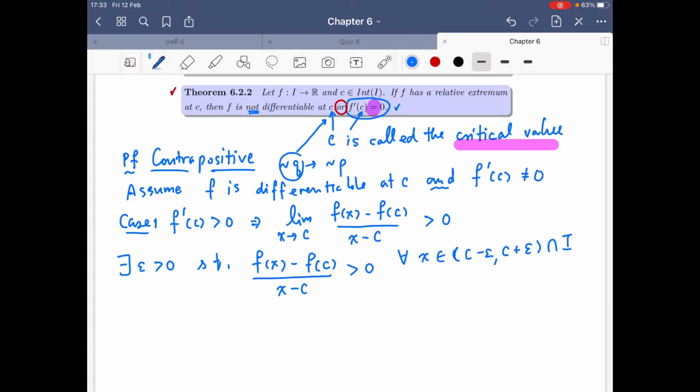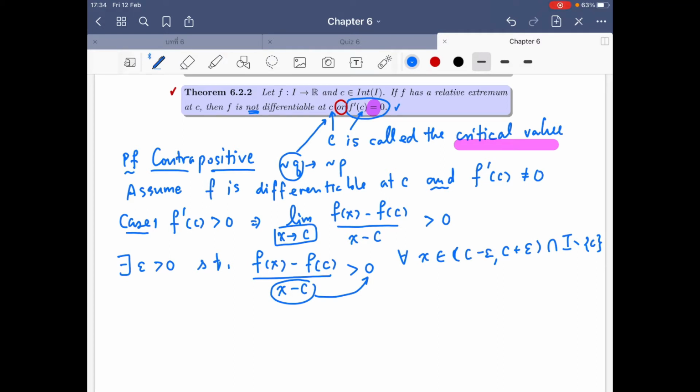However, c can be excluded because this is talking about only the limit. Because this is a quotient, you can simply multiply. However, if you want to multiply, you need to make sure that x - c is positive or negative.